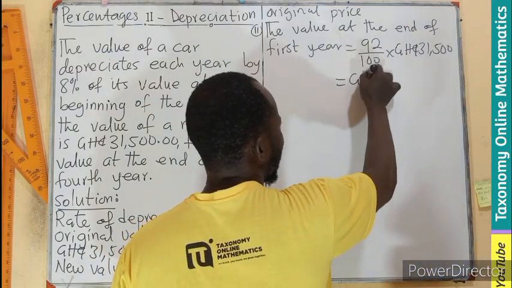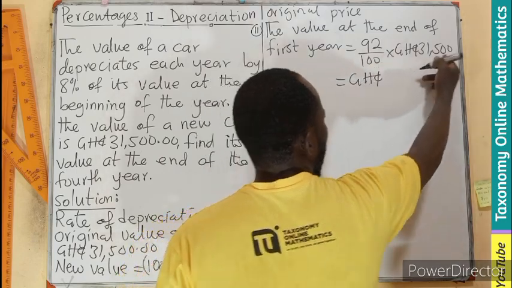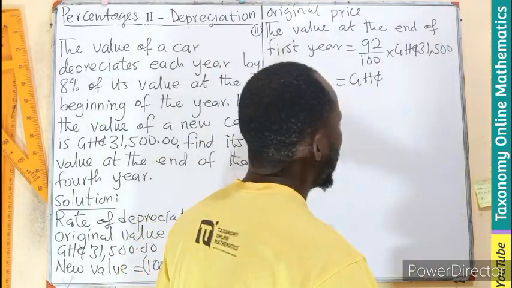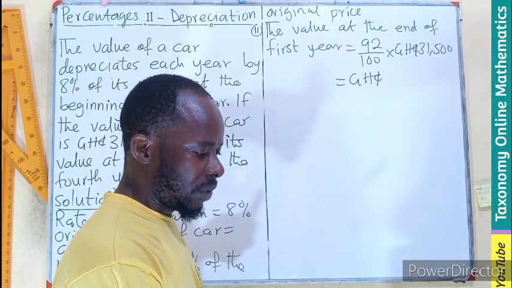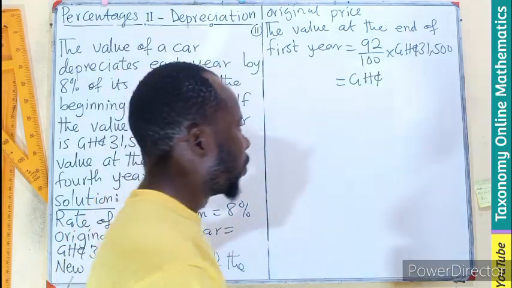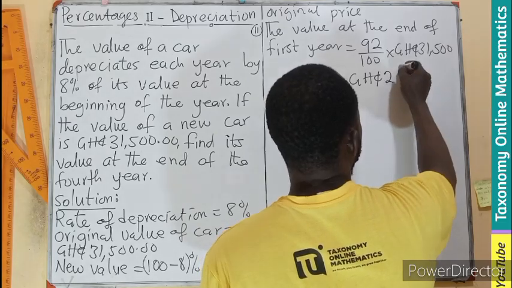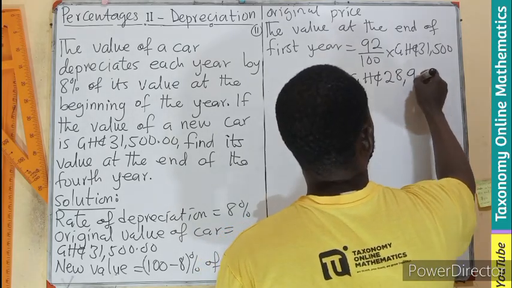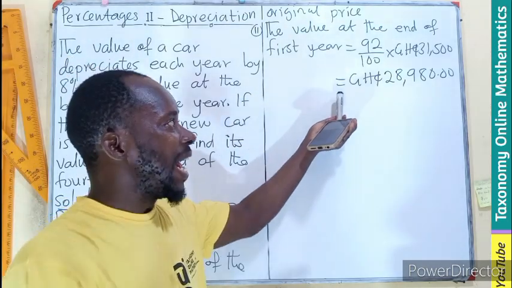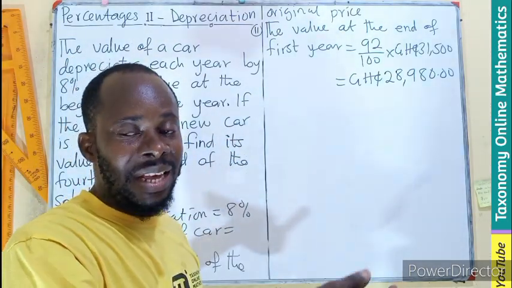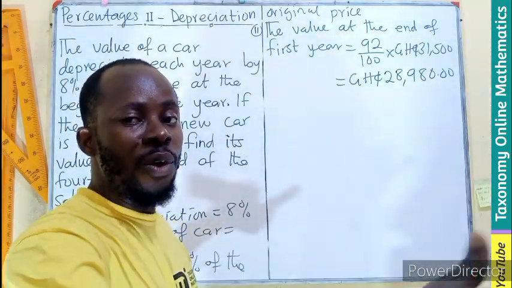We know that the two zeros will cancel. So 92 will have to multiply 315. And that will be giving you 28,980 Ghana cedis.